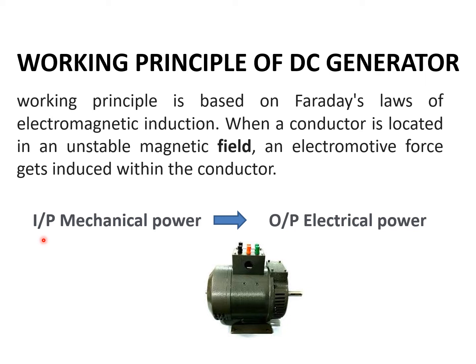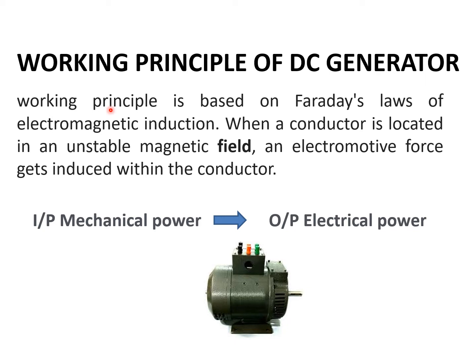Through the mechanical power we provide the rotation of the conductors by a prime mover or an external source, and then this generator will convert this mechanical power into the output electrical power.